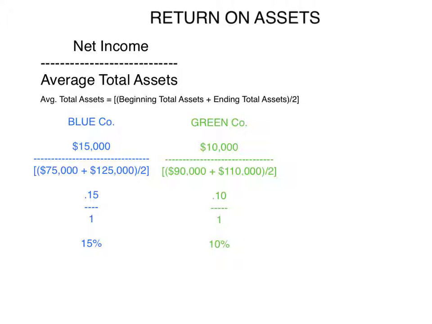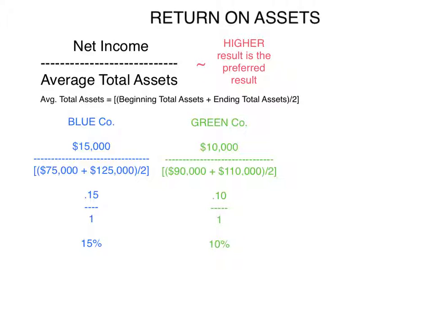So when we calculate their $10,000 of net income divided by their $100,000 of average total assets, they come out with 0.10 or 10%. So now we show that Green Company has a 10% return on assets, whereas Blue Company has a 15% return on assets.